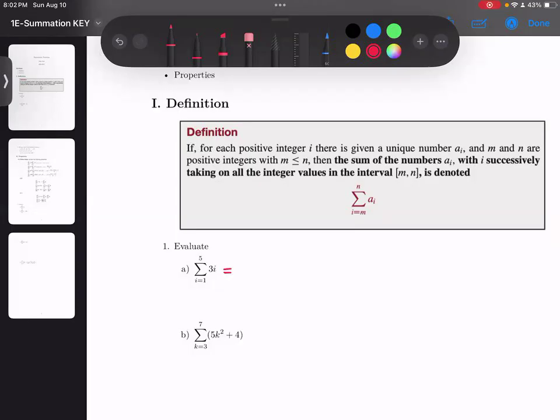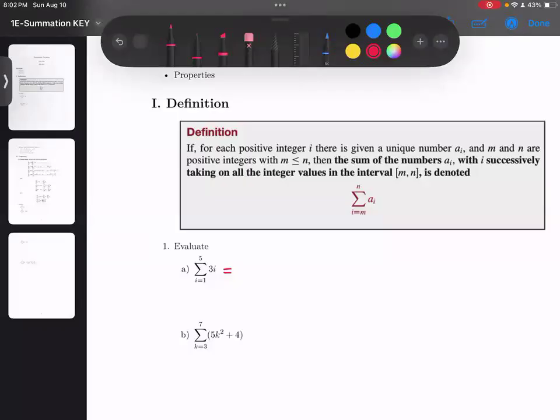Say, for example, I have summation I equal 1 to 5 of 3i. What I'm going to do is plug I equal 1 all the way to I equal 5, right? I'm talking about integers here.